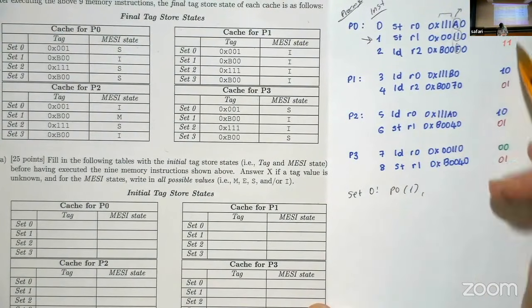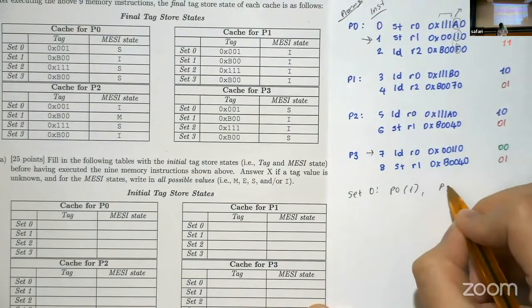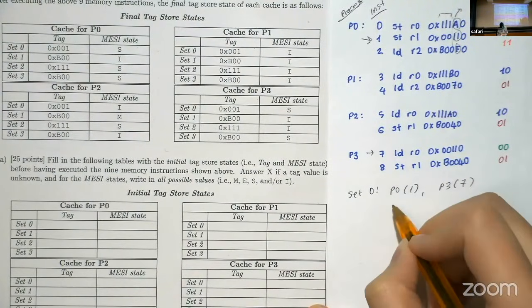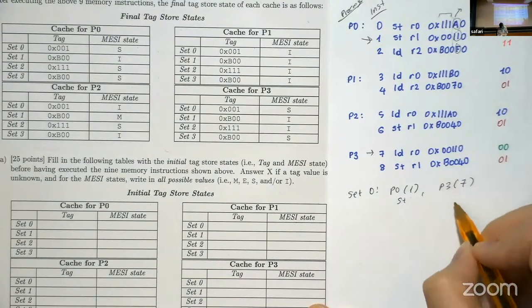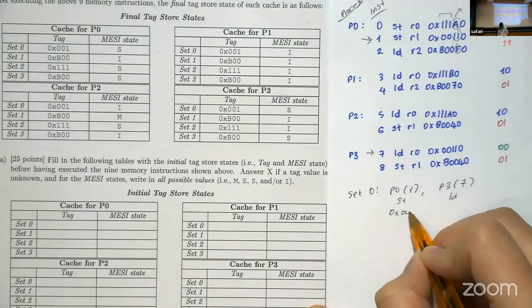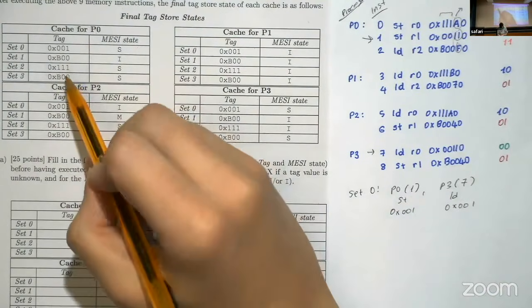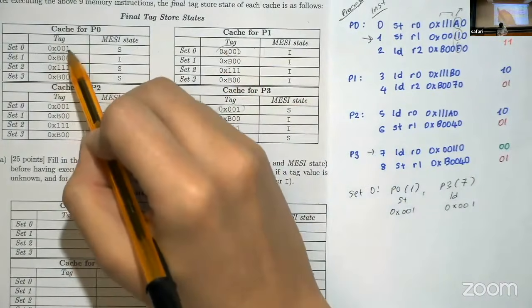We check the other processors and see another instruction from processor 3, which is instruction 7. Instruction 1 is a store, and the other instruction is a load. Both of them have the same tag. What we see in the final state is that all of these caches have the same tag.